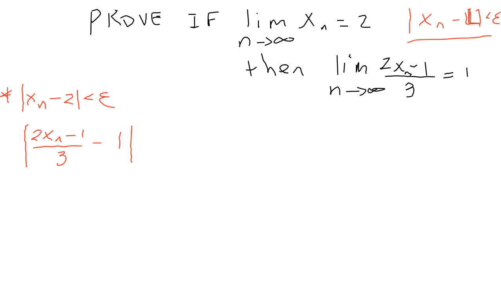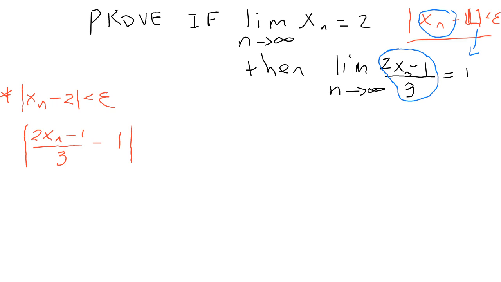So our sequence is now going to be 2x sub n minus 1 over 3, and I replace the limit with 1. That's how I got these things to the left right here.